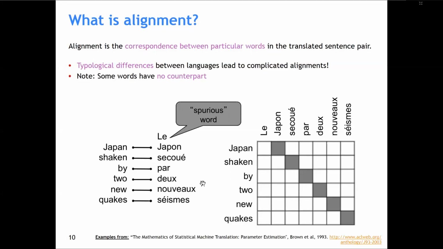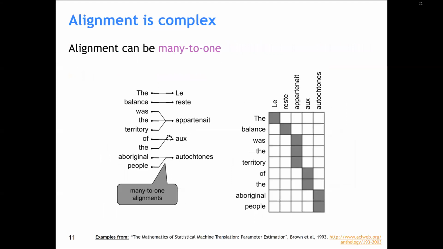This is one type of alignment, and the alignment can also be many-to-one. So "what's the territory" can be mapped to one word in French, and this is also mapped to one word. If you look at this, this is the English words and this is the French words, and you just highlight the cells where they do the mapping. So "what's the territory" is all related to this one word.